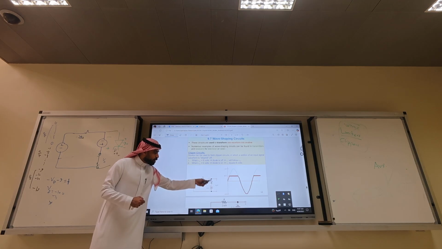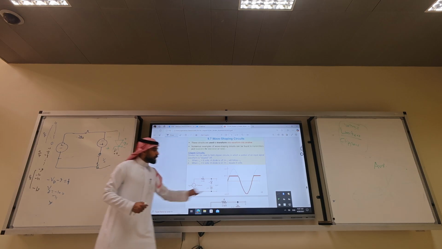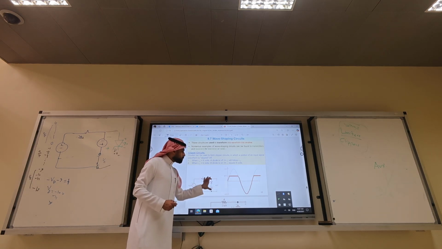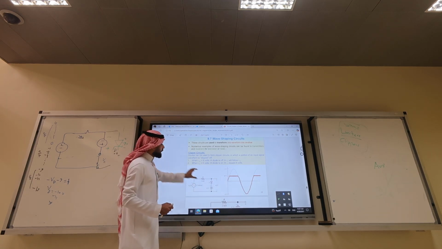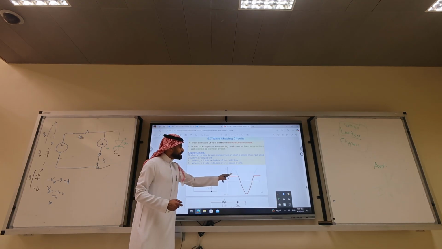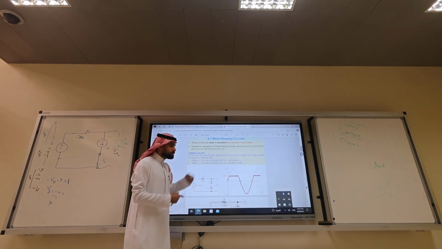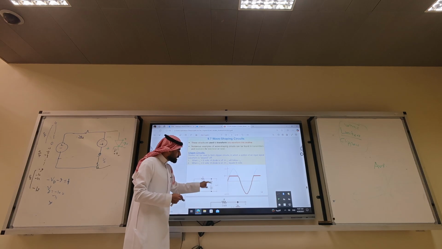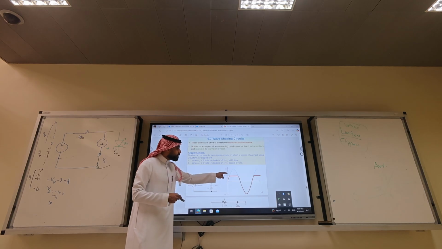So the diode will be off because the anode has less voltage than the cathode. So this will be open circuit, so input will match the output. Up until 6 volts. Anything above 6 volts will trigger diode A to be on, and the voltage will be capped. This will be short circuit.